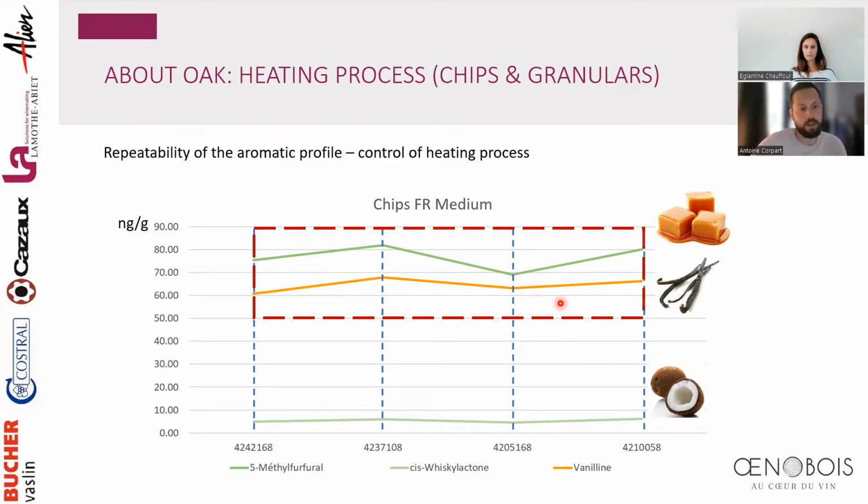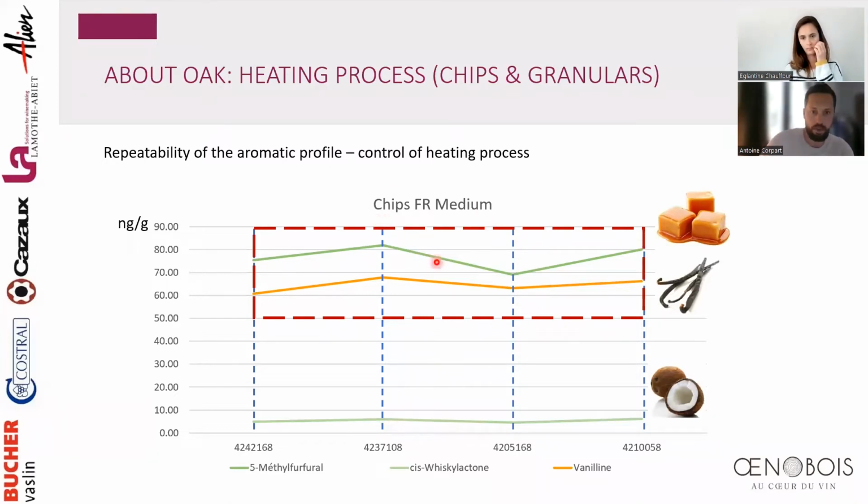During the heating process, we always do some aromatic profile control for different batches. For example, here, for each batch, we are looking for a minimum concentration in aromas. Here, for example, we are following the chips FR medium.